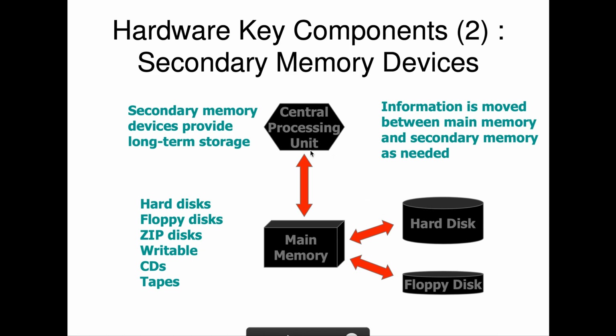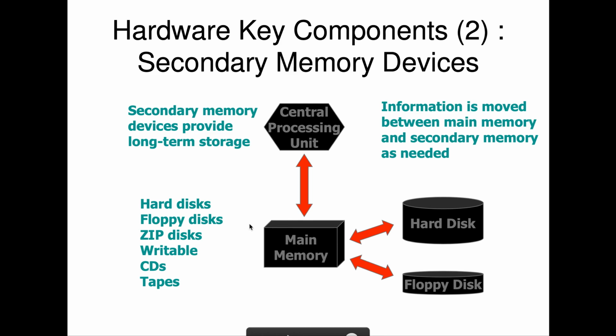It's called secondary because it is long-term storage, and because of that it is much slower, but it is permanent. Memory cannot store something permanently. If the power goes off, everything in memory will be erased, and you need something to store it permanently. That's why you have the hard disk. But the hard disk is slow, and it is much bigger than memory.